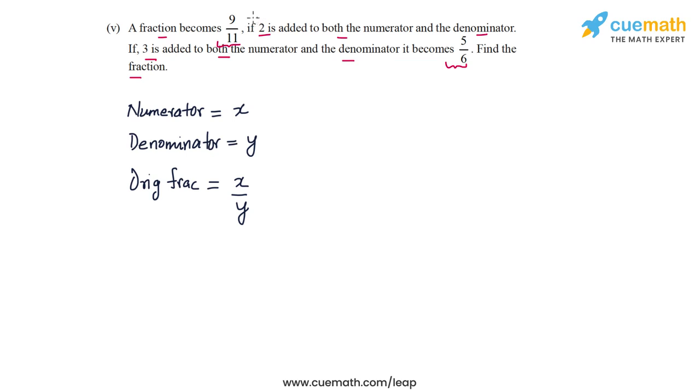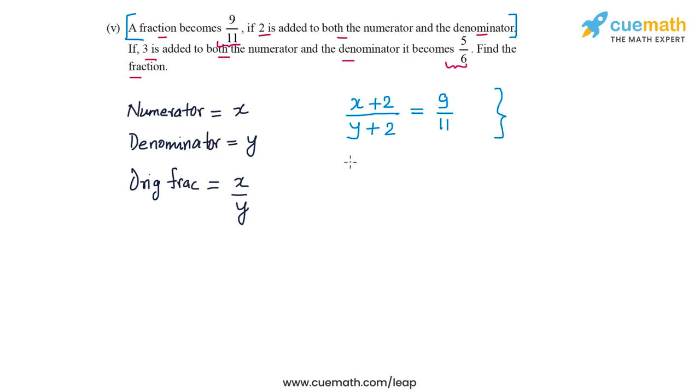The first piece of information tells us that the fraction becomes 9 by 11 if 2 is added to both the numerator and the denominator. So the numerator becomes x plus 2 and the denominator becomes y plus 2, and this changes the fraction into 9 by 11. So this relation gives us our first equation in x and y.